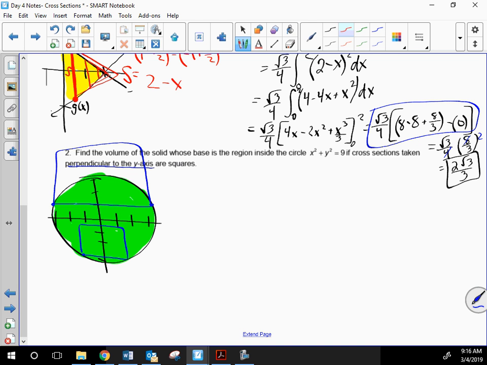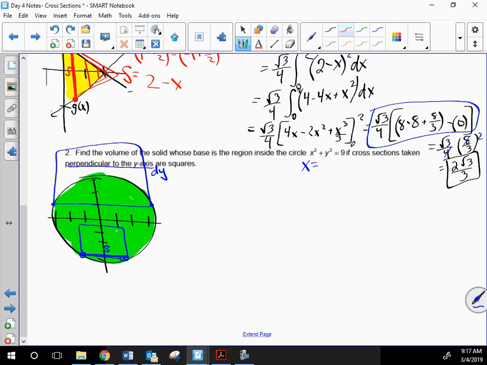Okay, so a bunch of squares coming out at you, and so our side is again based upon our region here. Now, because we are perpendicular to the y-axis, that means we have to go with respect to y, so dy. So I need to change everything to be in terms of y, which this already wasn't even solved for either thing. So now we can go and solve for x.